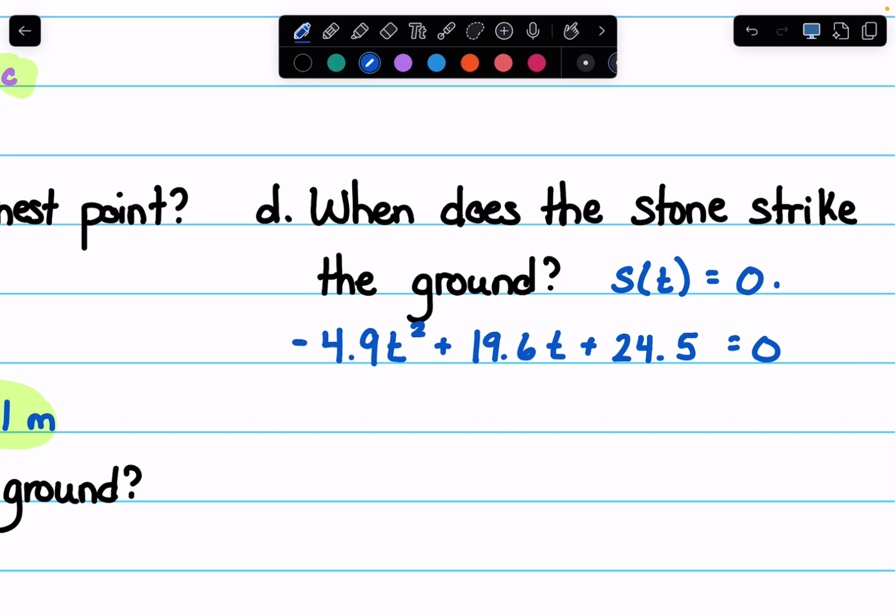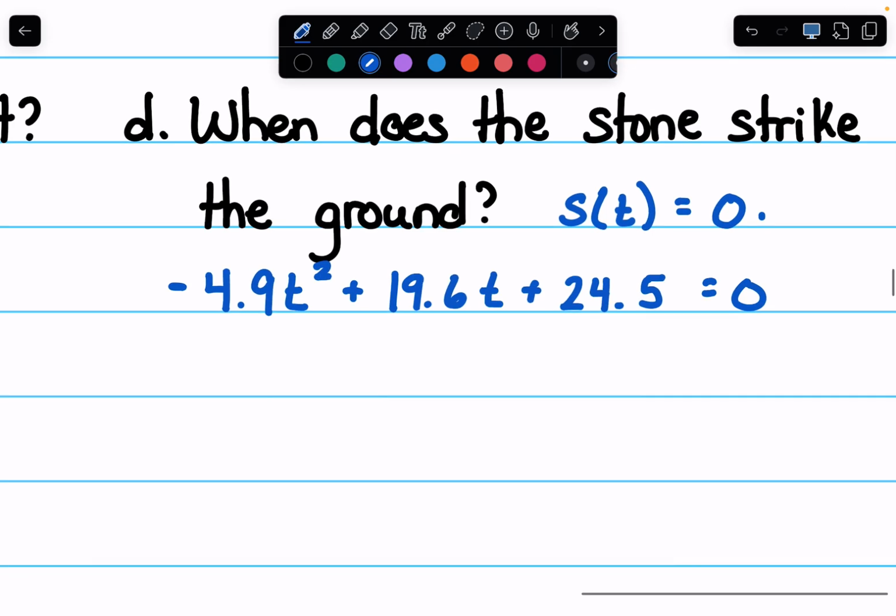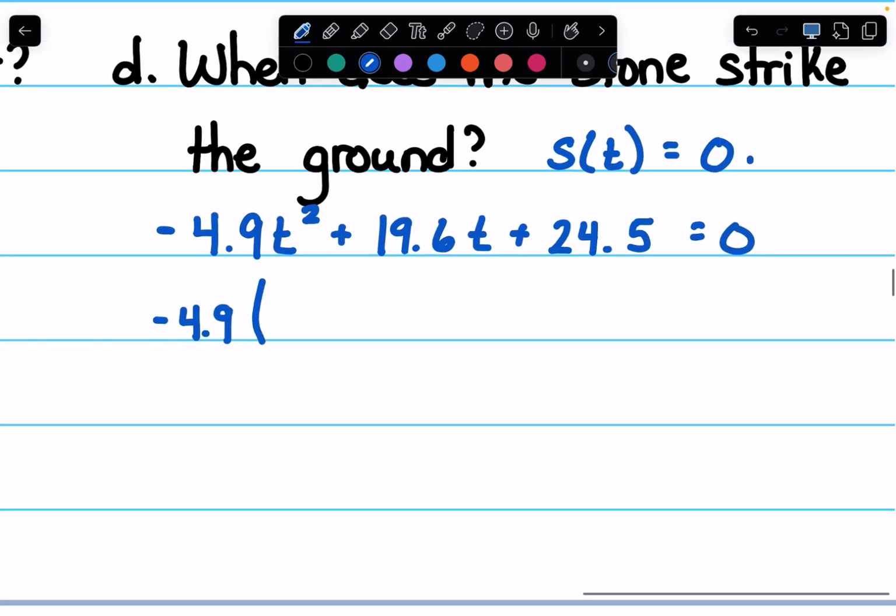Okay, well, if we're thinking algebra-wise, this is just a quadratic, okay? And you can take out negative 4.9 from all three terms. That would take you a second to figure out, okay? So you're left with t squared minus 4t minus 5 equals 0.